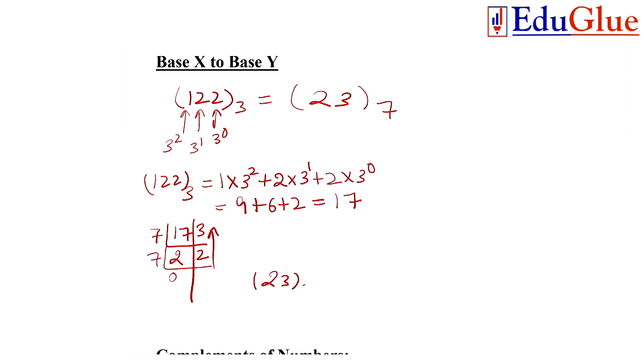In this way, to convert a number from one base to another base, first we need to convert it into decimal, then we can convert it into the other base. Direct conversion is possible only in case of binary to hexadecimal, binary to octal, and vice versa.